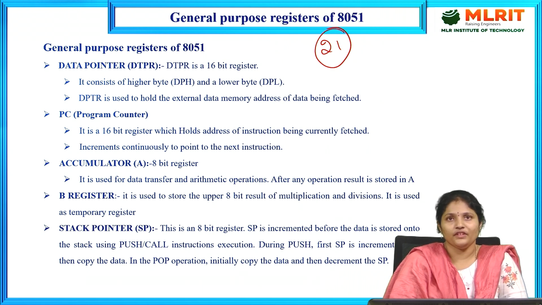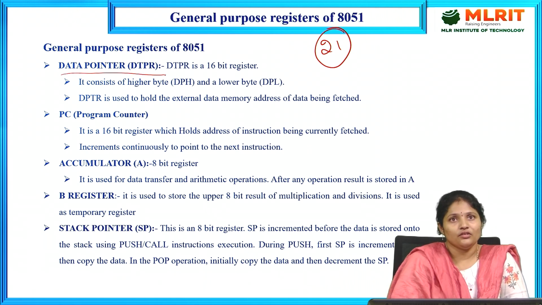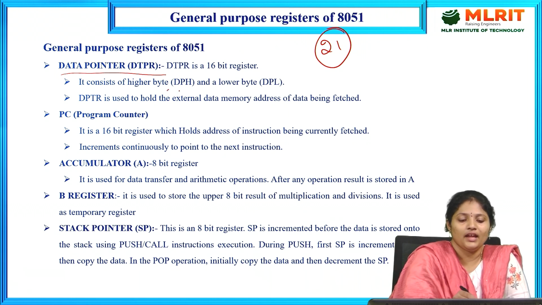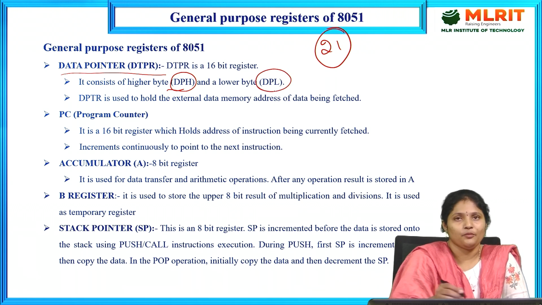Most of the registers are 8-bit registers apart from 3 registers. Those 3 registers are the timer registers, which are 16-bit, and DPTR, the data pointer. This is a 16-bit register which can again be used as 8-bit registers: data pointer higher byte and data pointer lower byte.